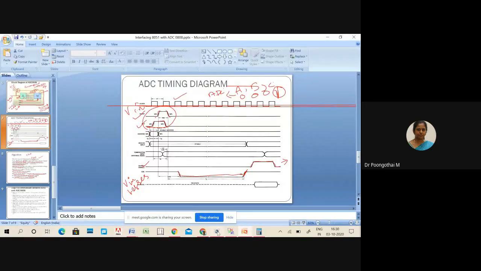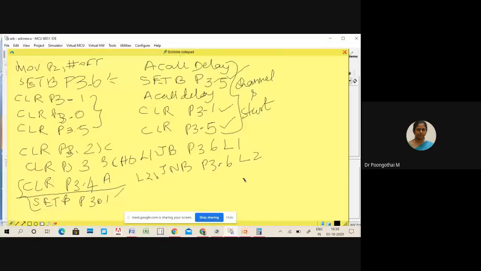Is that clear? We have to wait till end of conversion becomes 0. For that case, we are using this jump bit instruction. It will monitor whether end of conversion is 0 or 1. If it is 1, the instruction will be repeated again and again.